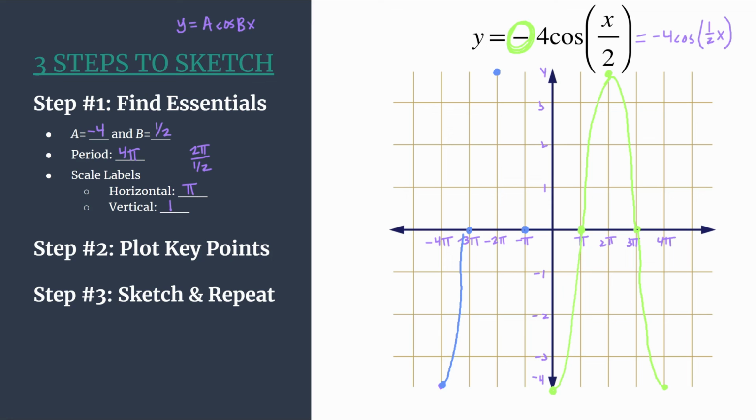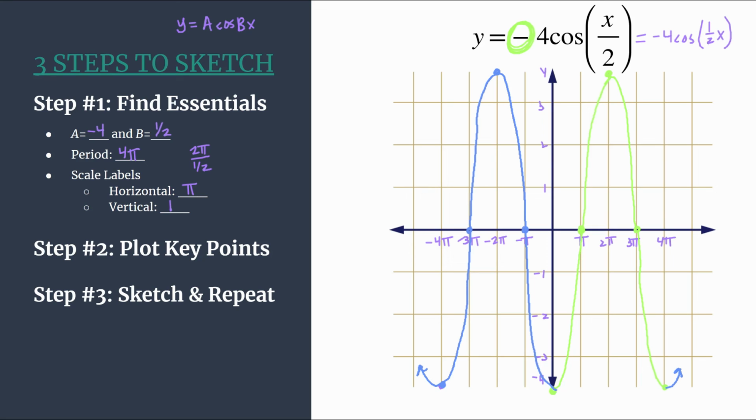So we'll have cosine curve coming in like this. Okay, if you want, you can put arrows to show it continues. You can do that on the other side too. All right, so this is 2 cycles of our graph, our equation y equals negative 4 cosine x over 2.